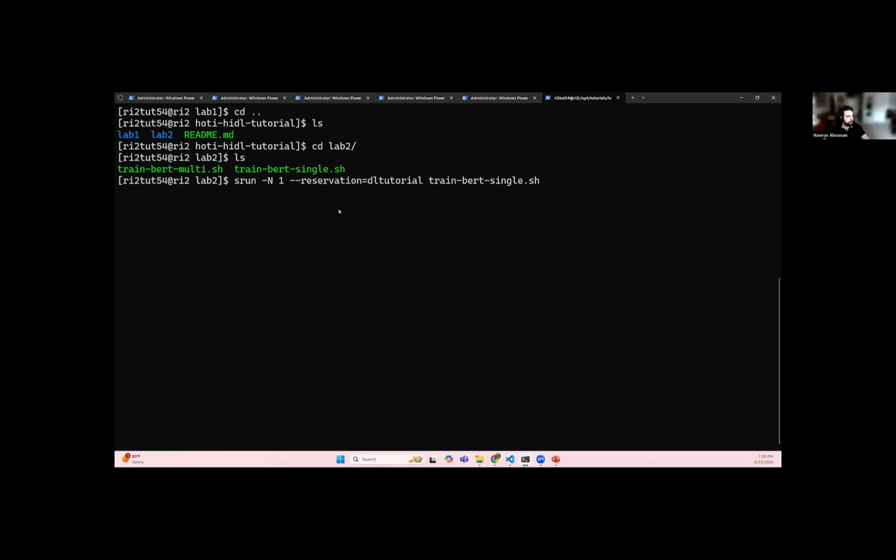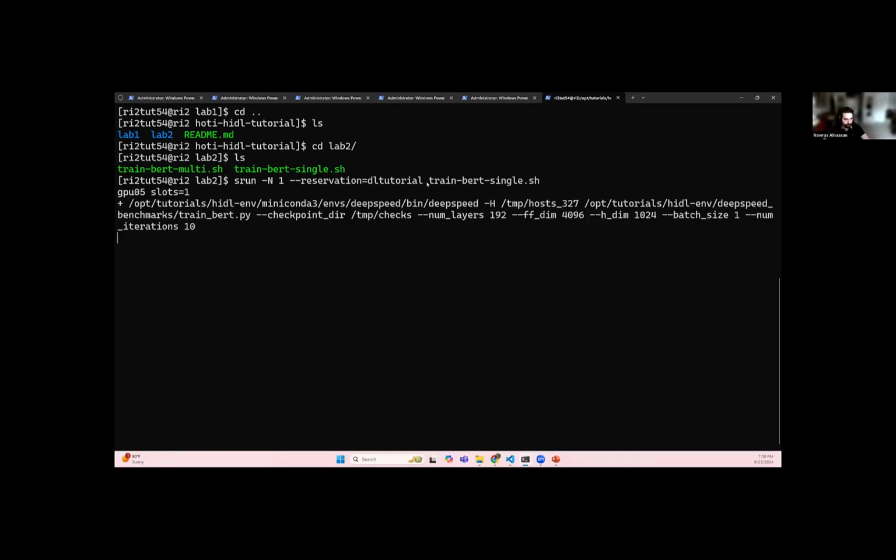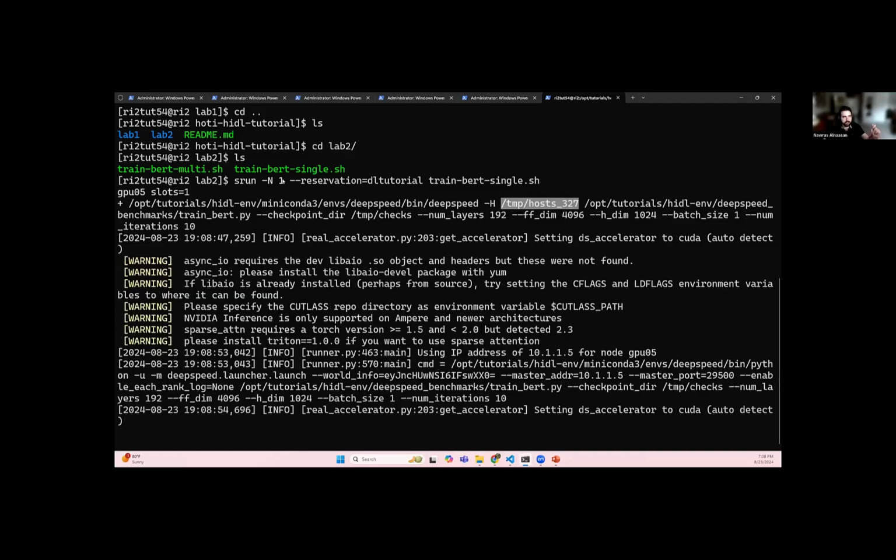We're going to run the first script, 1 node, the train BERT single. We're using the DeepSpeed framework. In the host file, we're specifying the nodes that we are using. Again, this is just 1 node, so we'll find 1 host in the host file. And then we're running this train BERT Python script.